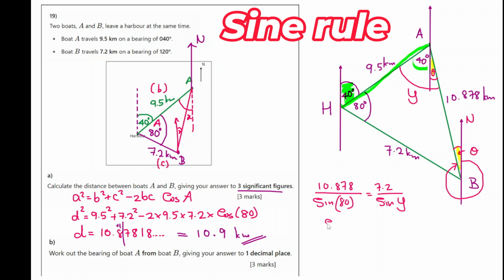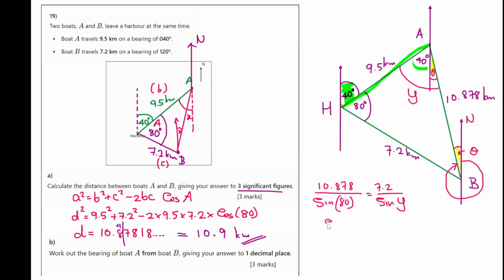Sine y is, I need to move this to that side and this to that side and bring sine y to the left hand side. So when I put this in the calculator using inverse sine, I got y is equal to 40.679. Let's call it 40.68.